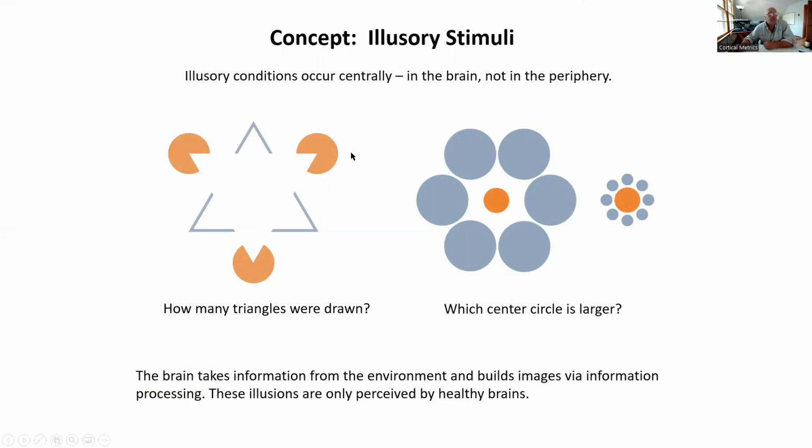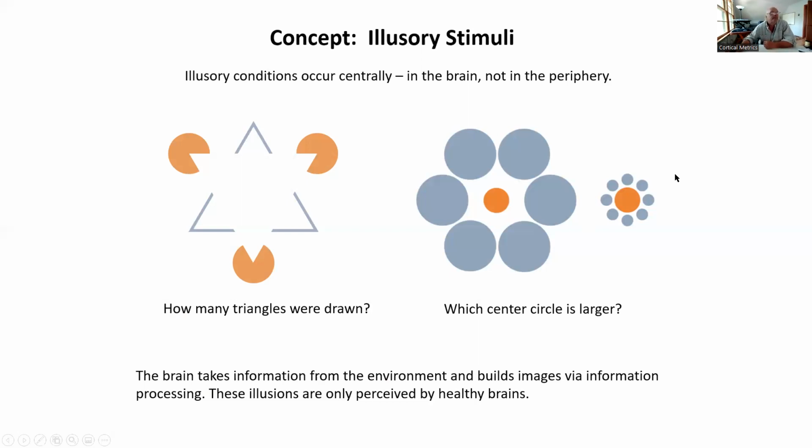On the right, if the question is which center circle is larger, what you have is a context-dependent illusion. While one center circle seems a little smaller than the other, they are actually identical in size. One just looks bigger because of the context of what it's surrounded by. We can do something very similar with the brain gauge test, and that's actually what we do.